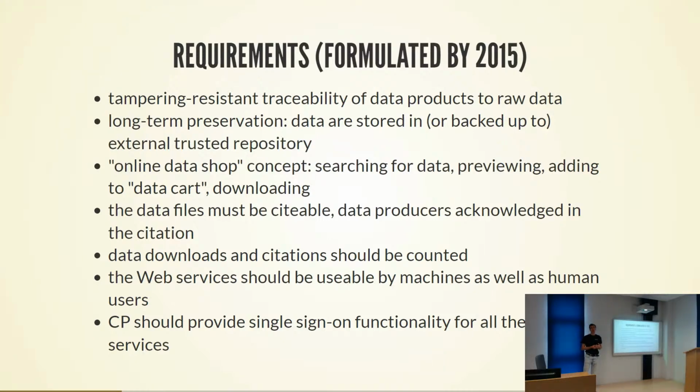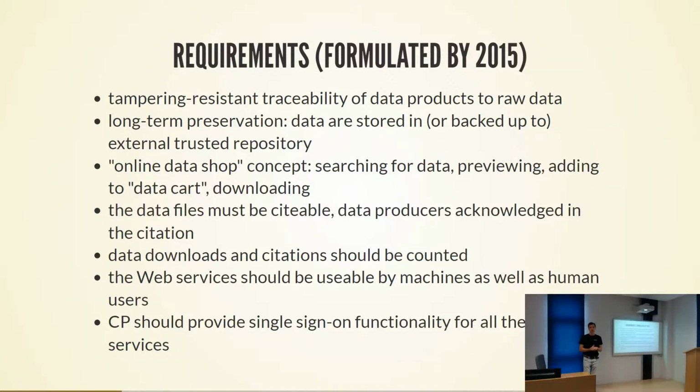They would not be happy if Carbon Portal had basically taken their data and presented it as just ICOS findings. So it's important that scientists who work there get attribution. So the citation and keeping the metadata about people and presenting citation information for every data set was high on the priority list. And there was also the machine usability of all the services, and there was a single sign-on.